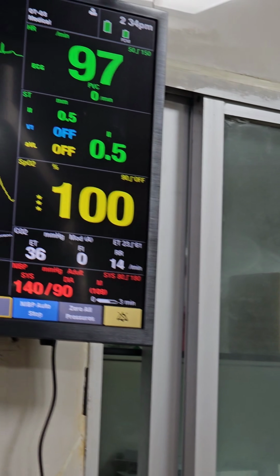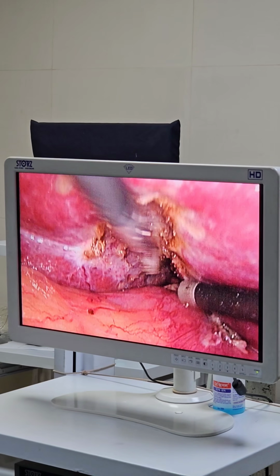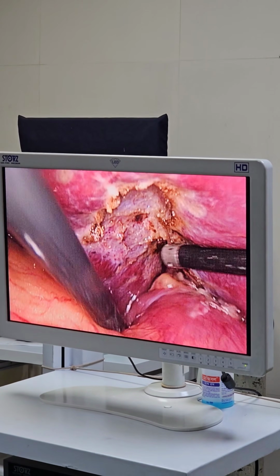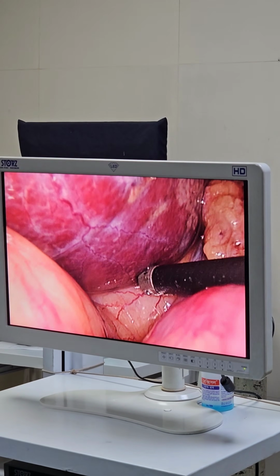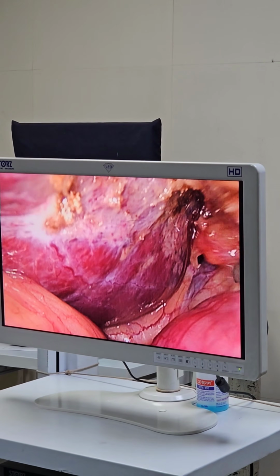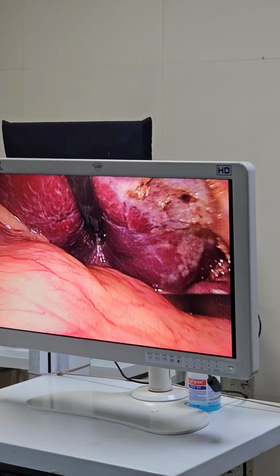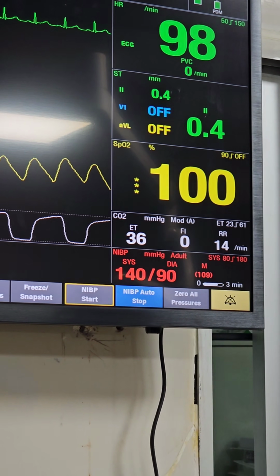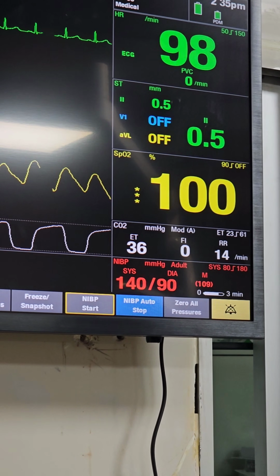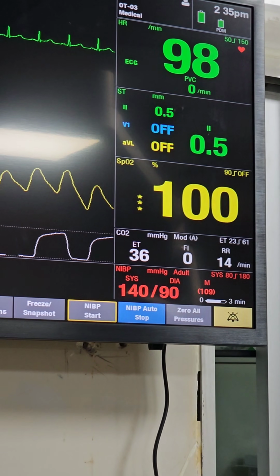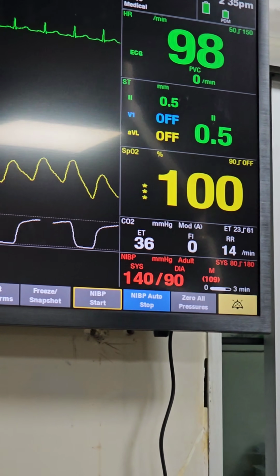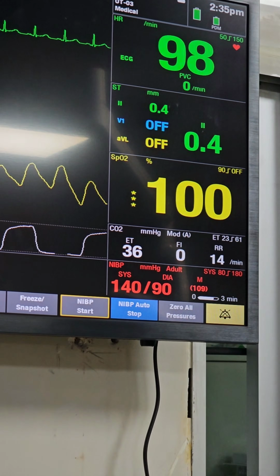Then they will come out with the specimen of the gallbladder, and we are seeing that there's no bleeding inside the abdomen and at the liver bed, and we are getting the visual of perfectly okay hemodynamics here. Blood pressure 140 by 90, heart rate 98, saturation 100.